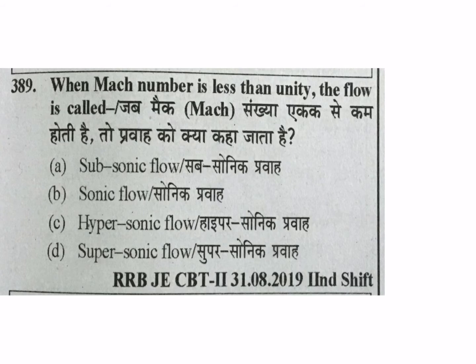Next question, RRB question, 2019 paper. When Mach number is less than unity, the flow is Mach number less than 1. Subsonic flow. Then Mach number equal to 1, sonic.